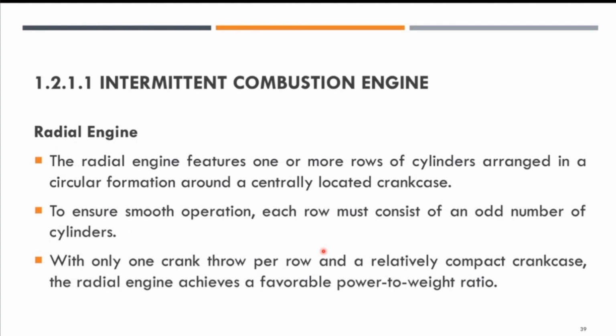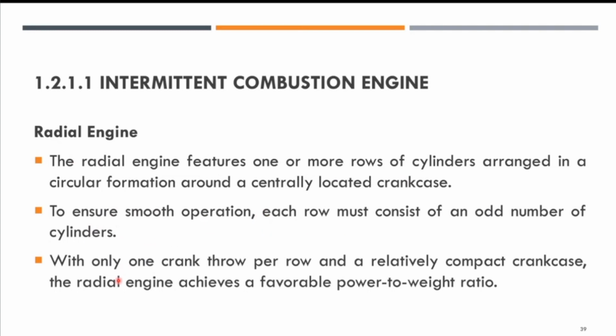Right. The next one is the radial engine. This is the third type of piston engine. The radial engine features one or more rows of cylinders arranged in a circular formation around a centrally located crankcase. To ensure smooth operation, each row must consist of an odd number of cylinders.